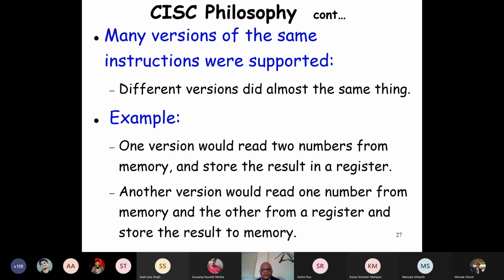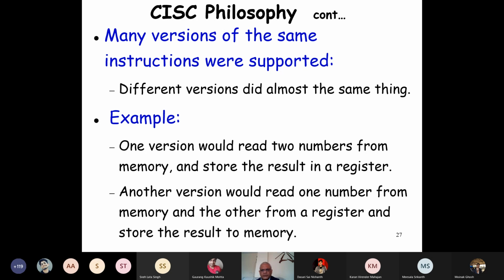And for that, many versions of the same instruction were supported. As you were saying, it can have two register operands as source and the destination is a register. Two source operands are registers and the destination is memory.